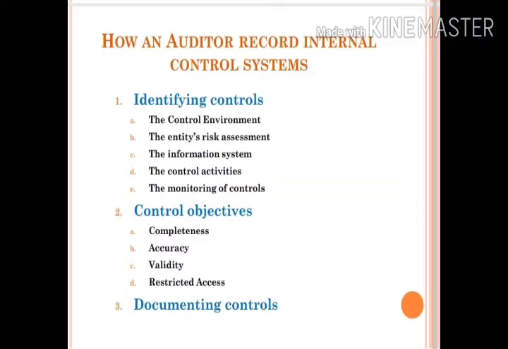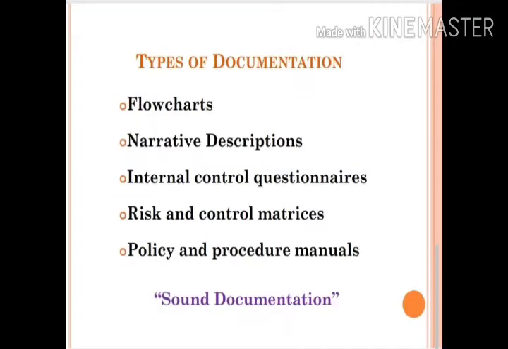When we are talking about documenting the controls, the next and foremost important thing is types of documentation. So how are we going to document all these recorded internal control systems? Internal control documentation can take various designs or various forms. So I have mentioned flow charts, policy manuals, narrative descriptions, ICQs.